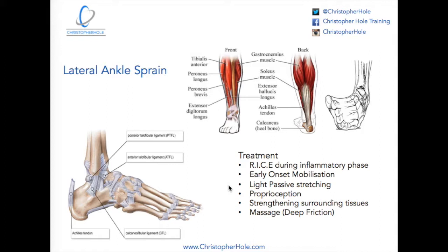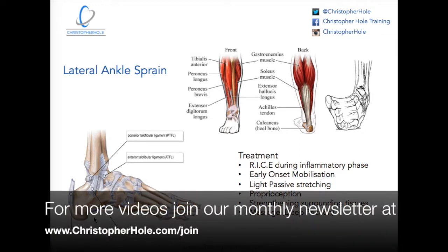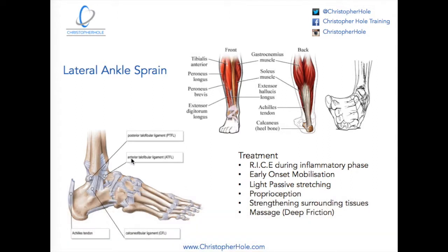So, tissues involved. First of all, the lateral ankle sprain, as you may well know, because you may well be watching this with a lateral ankle sprain, is when you go over on your ankle and this outside part of the ankle becomes stretched. Now, when it becomes stretched, there are three main ligaments that are involved, which is the posterior talofibular ligament, or PTFL, and then the anterior talofibular ligament, ATFL.